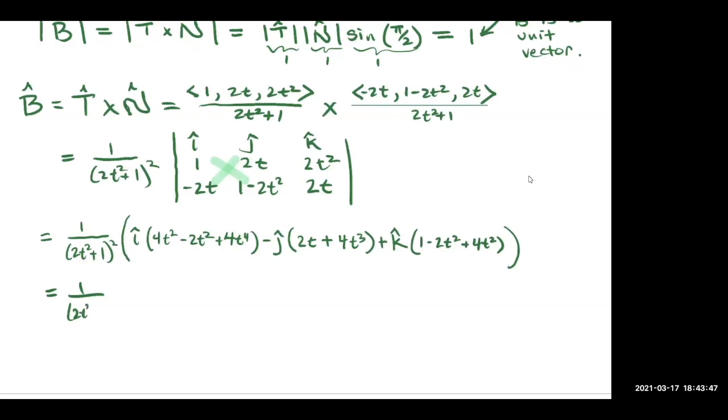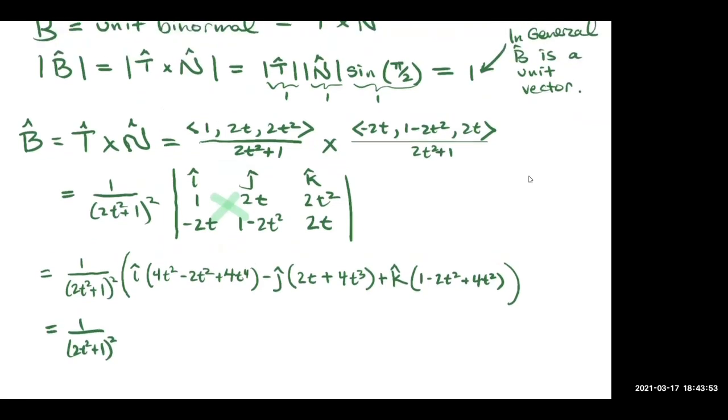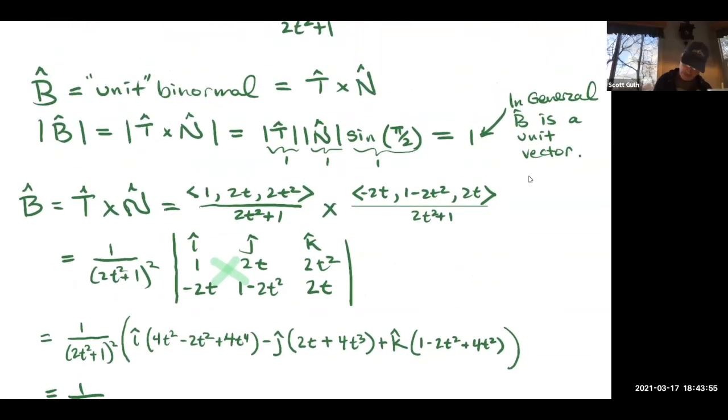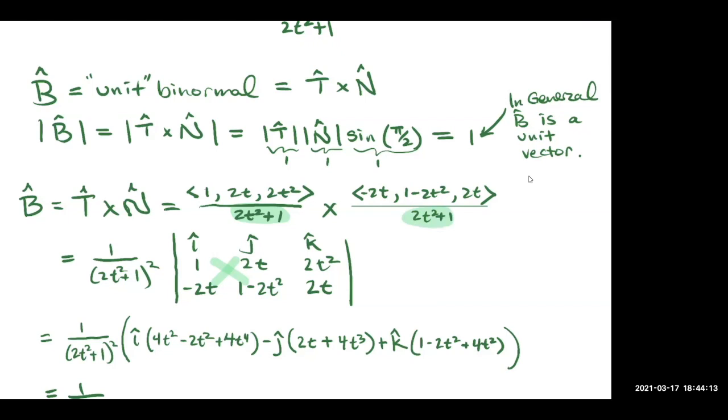Professor, really quickly, can I ask how you took out 1 over (2t squared plus 1) squared? Right, so scalars can factor out of cross products. So one of those scalars is this one. It just came out. And the other scalar is this one. I just brought it out front. But what happened to the numerators?